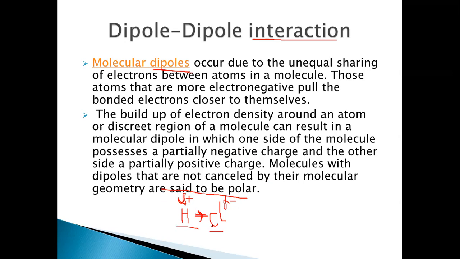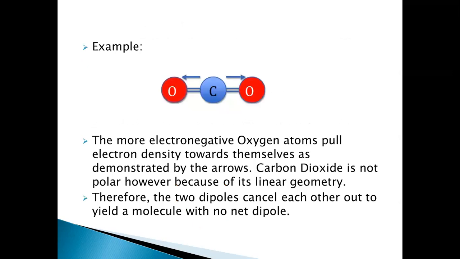This is what is molecular dipole, because one side of a molecule is getting a partial negative charge and the other side of a molecule is getting a partial positive charge because of the electronegativity difference here. So when we take up the example of CO2 here, we know that oxygen is more electronegative than carbon, and so carbon is getting the partial positive and these two ends of the molecule are getting the partial negative charge.